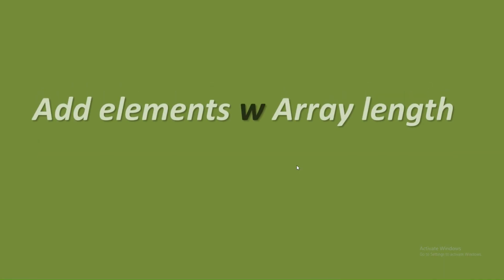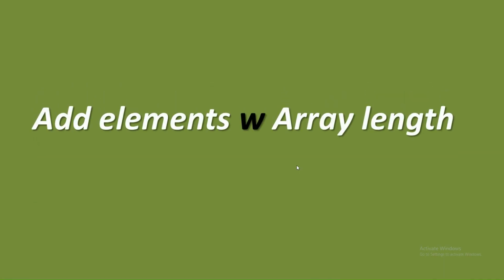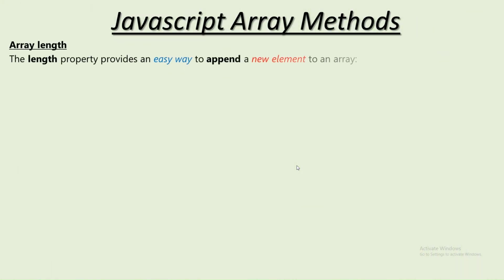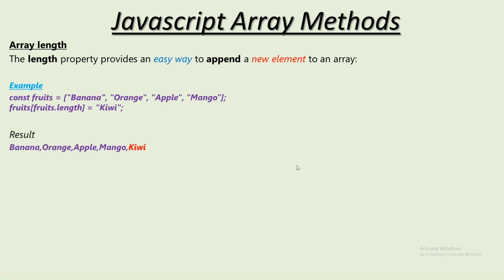Now, the next one starts with add elements with array length. So we will use the array length to add elements to it. The length property provides an easy way to append a new element to an array. For example, const fruits equals to banana, orange, apple, mango, and fruits of fruits.length equals to kiwi. So when you try to print the length, that is the size of the array.